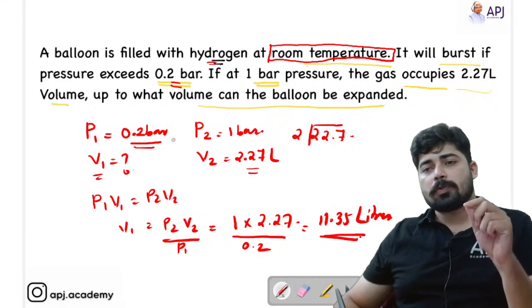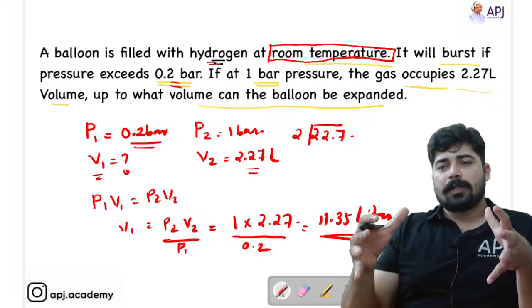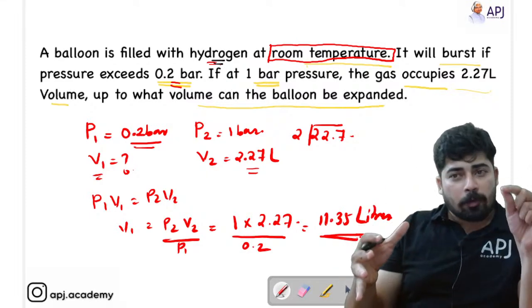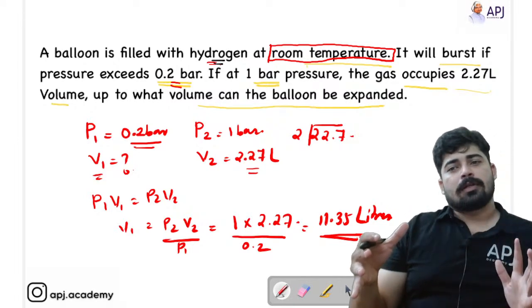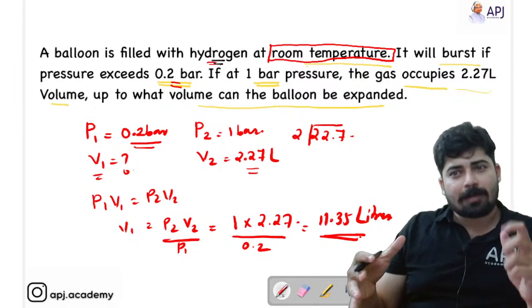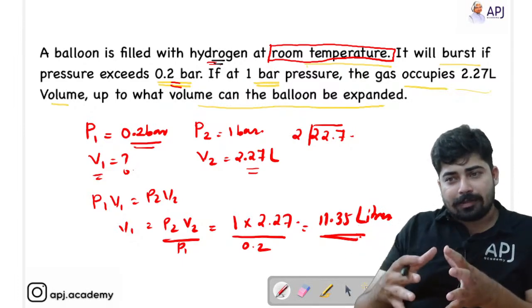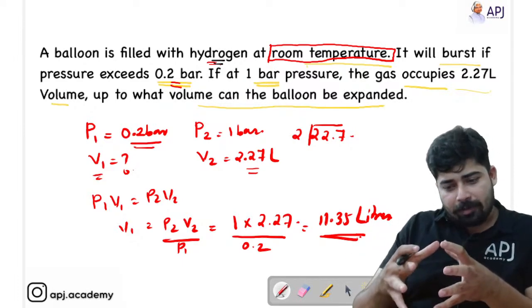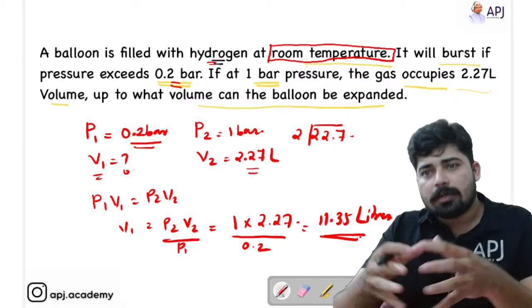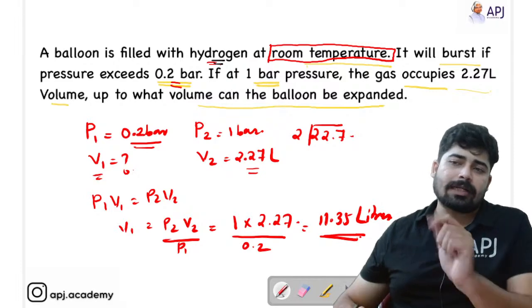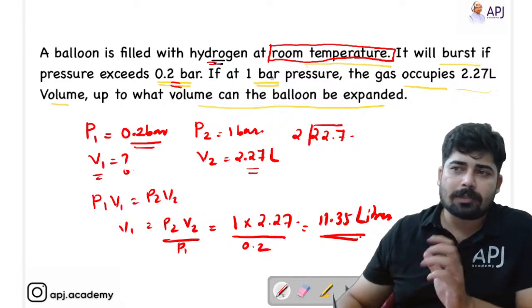So at 0.2 bar, it will be at 11.35 liter. If you decrease the pressure from 0.2, what happens? The volume again increases and the balloon will burst. Okay, so is that clear, students? So this is all about that question.